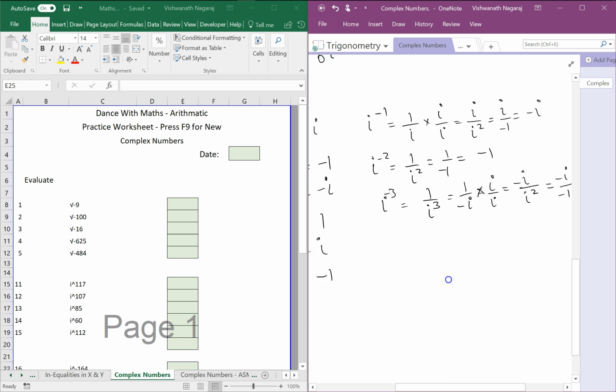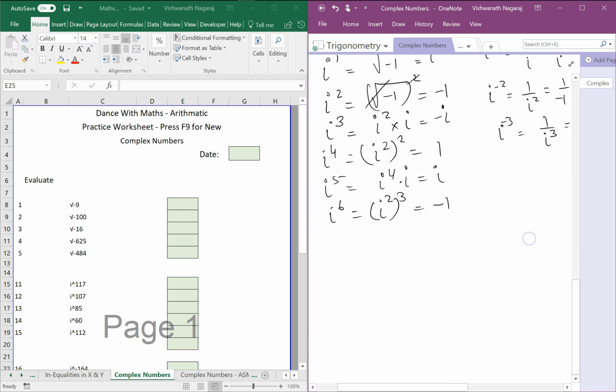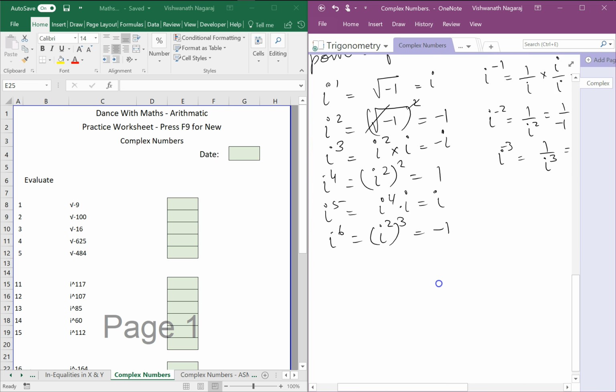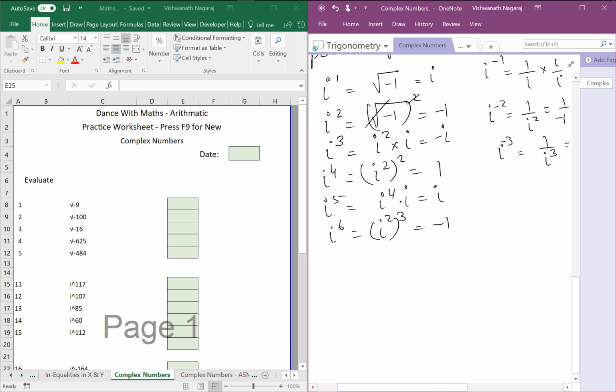Now if you study the pattern involved, you will realize that for any k belonging to integers, i to the power of 4k, that means if the power is a multiple of 4, then i to the power of 4k is equal to 1.